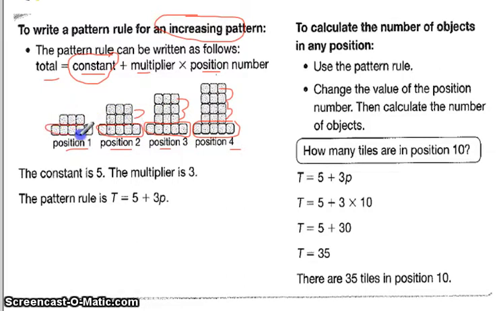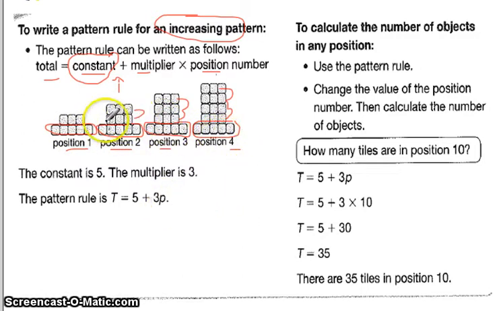No matter what position number you're in, you're always going to be adding a constant. The constant here is 5. The number of tiles depends on what position they're in. Fourth position is going to have more tiles than third position. It always increases by 3: 3, 6, 9, 12. And it's always going to have plus 5 to get the total number of tiles.